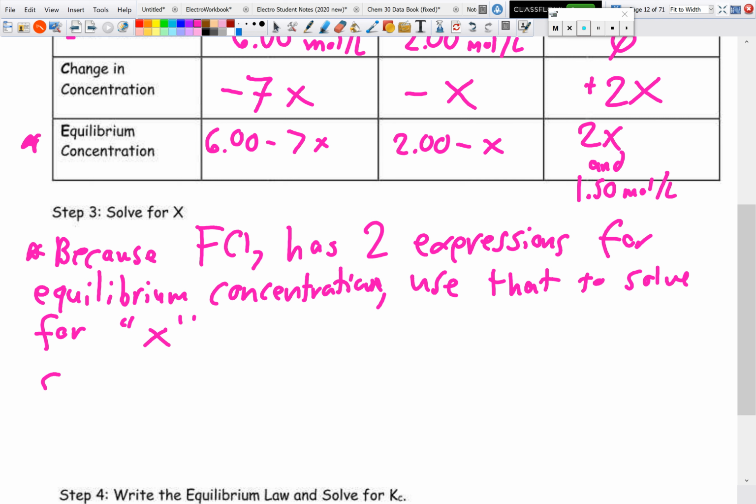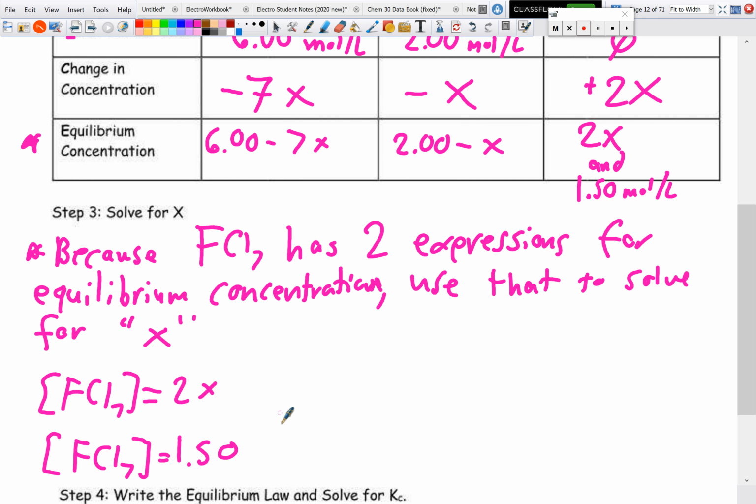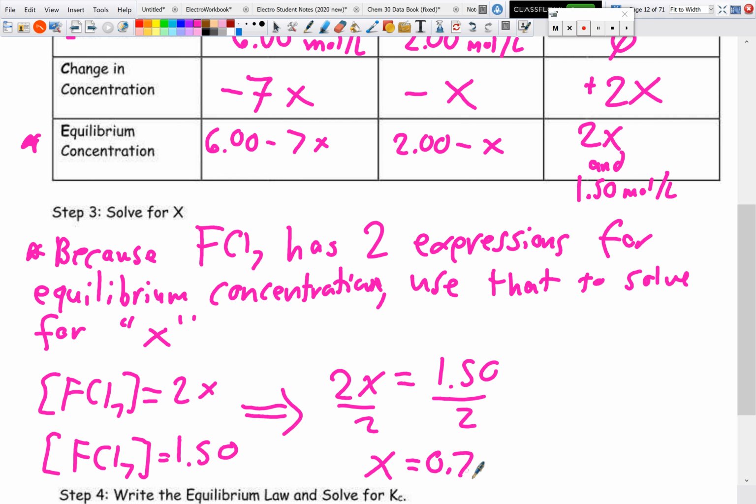So that means we have concentration of FCl7 is equal to 2x, and concentration of FCl7 is equal to 1.50. So we are going to combine these 2 equations together to get 2x is equal to 1.50. And of course, we divide both sides by 2, and x is equal to 0.750, sorry. And that is our x.